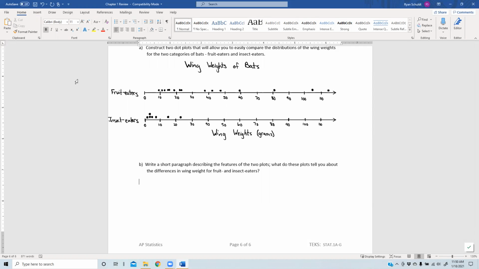Just looking at the graph. They're closer together, okay? Do they go as high? No, not nearly. So insect eaters tend to have very low wing weights.